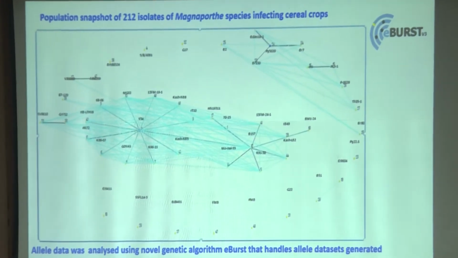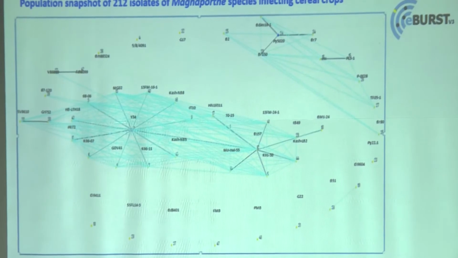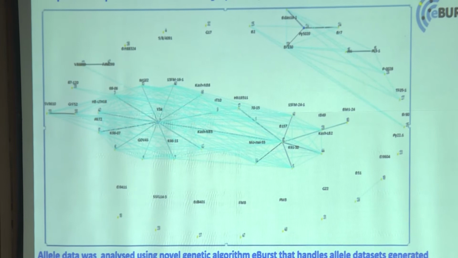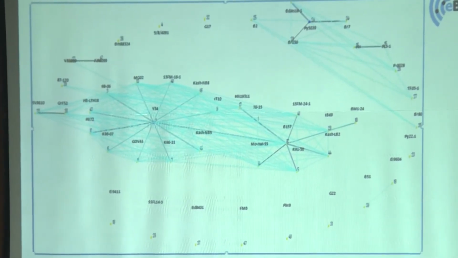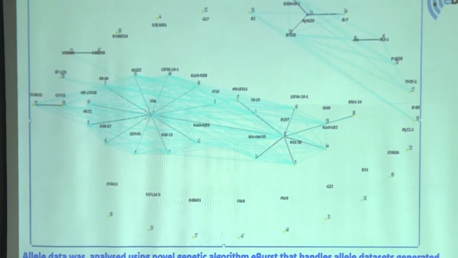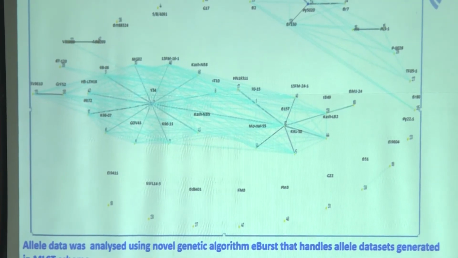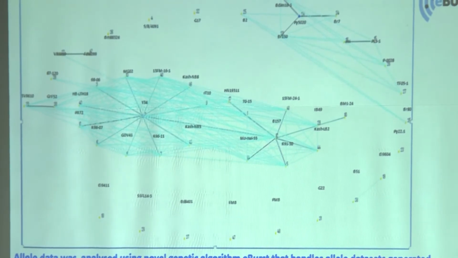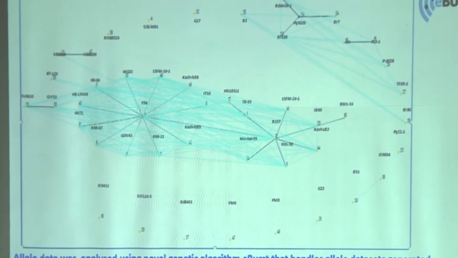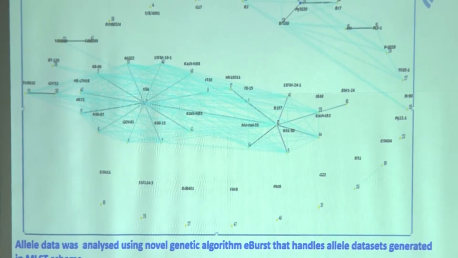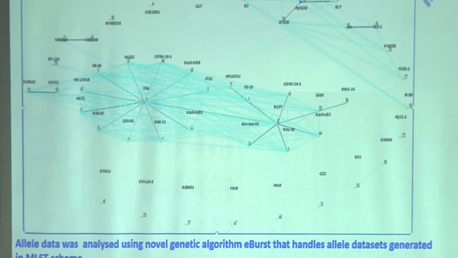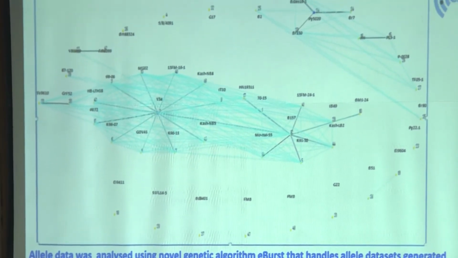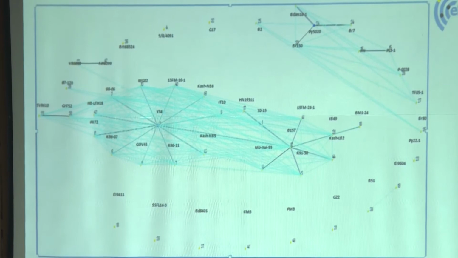Two isolates that share all except 3 or 4 are closely related, maybe they are relatives. Is that clear? If two isolates share only 50% of the alleles and the rest 50% are completely different, that means these two individuals shared a common ancestor. They evolved maybe in the last 100 years.